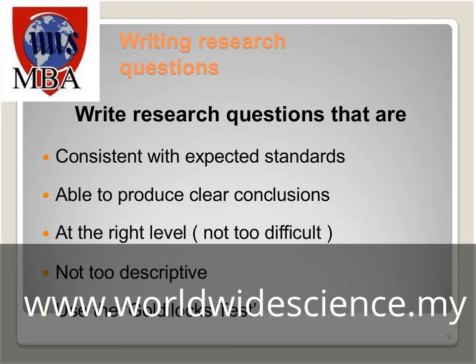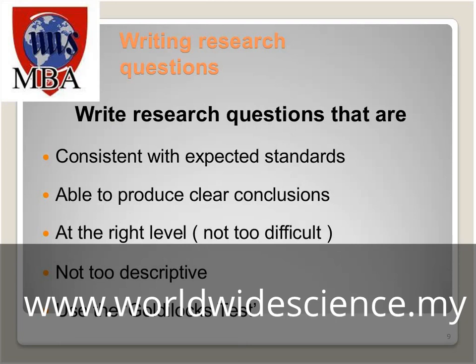Now, after we talk about the attributes of a good research topic and finalize your research topic, the next step is writing research questions. So now you have a topic, you want to start chapter 1.